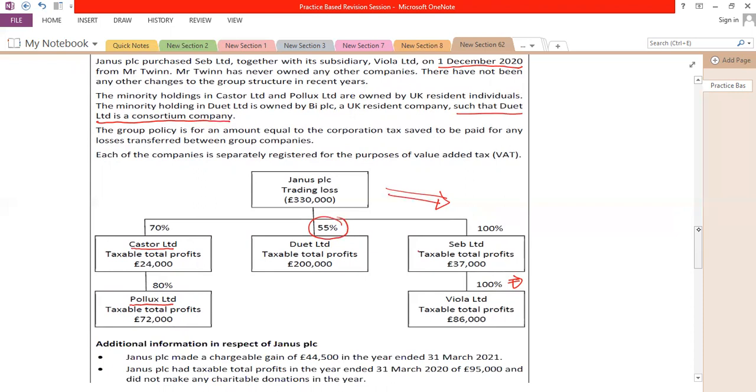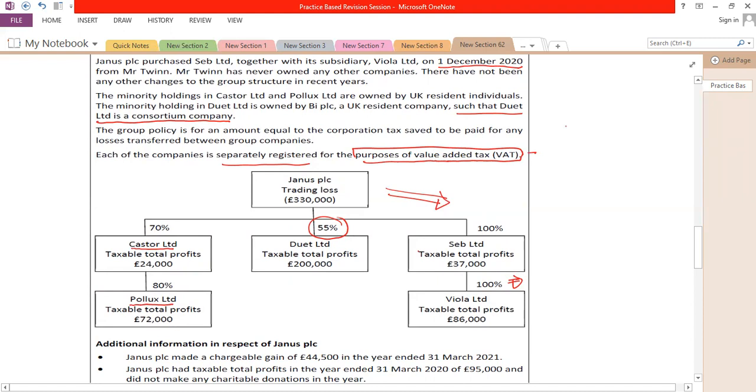The group's policy is for an amount equal to the corporation tax saved to be paid for any losses transferred between group companies. Each of the company is also registered for the purpose of value added tax. Now, one thing is very important.